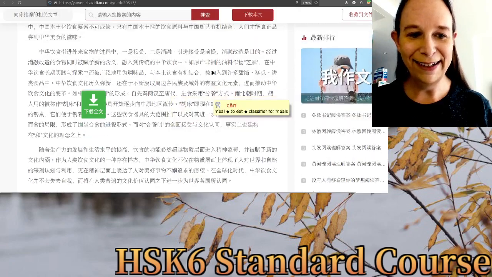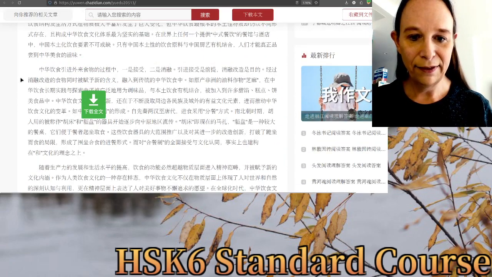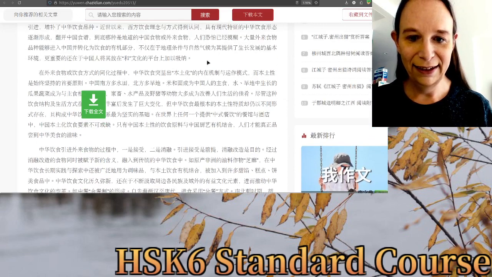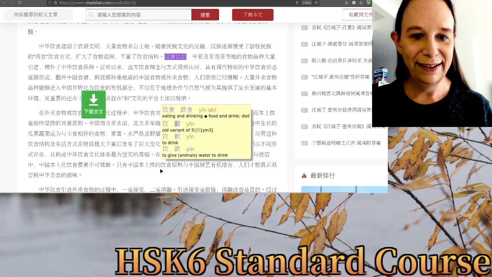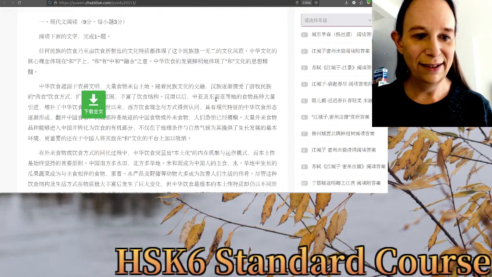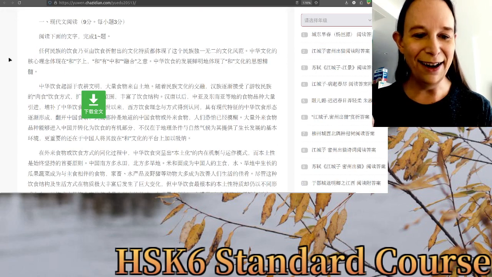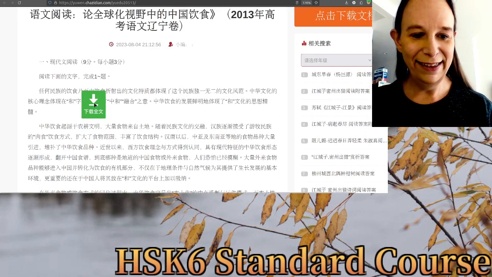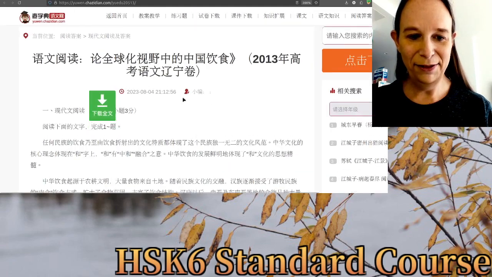Shall we do the Gokhao question? Is it the same thing? Yeah. It looks pretty similar. Yeah, this is the same thing. This is a question on the Gokhao. I wish I could get rid of this annoying thing. Oh, how can I? Okay, if I zoom in, zoom out.